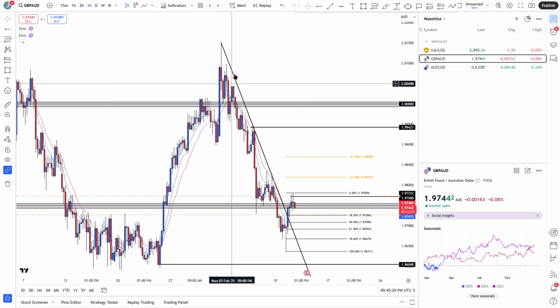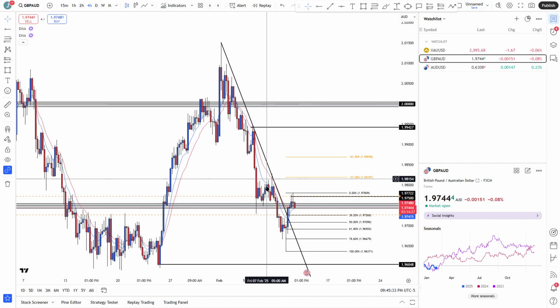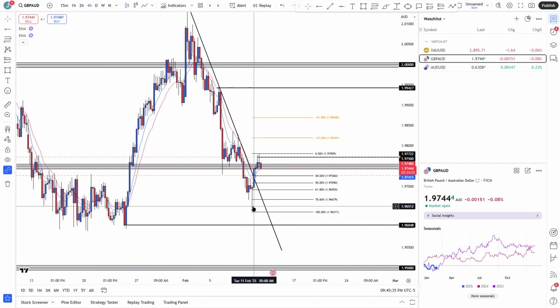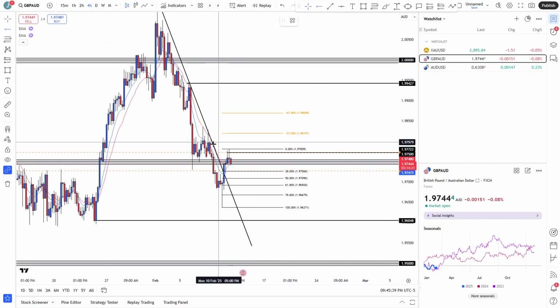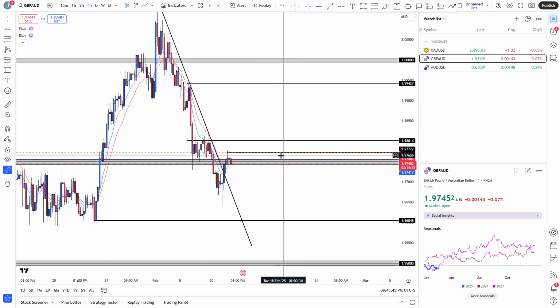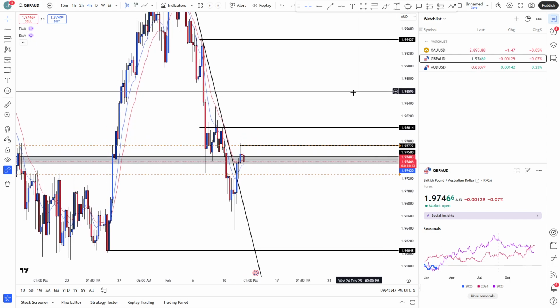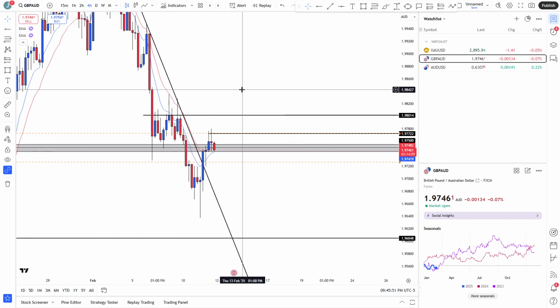You could count these, I guess. Lower high, lower high, lower high, lower highs, and then price came down, lower high, and this was the last lower high. So realistically, price still isn't in downtrend. We don't really need to be looking for buys here, because price hasn't broken through this high. So not gonna make the same mistake.